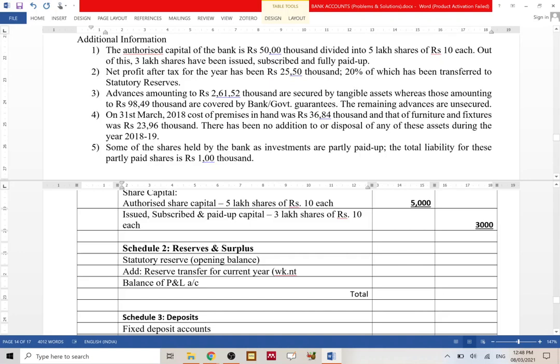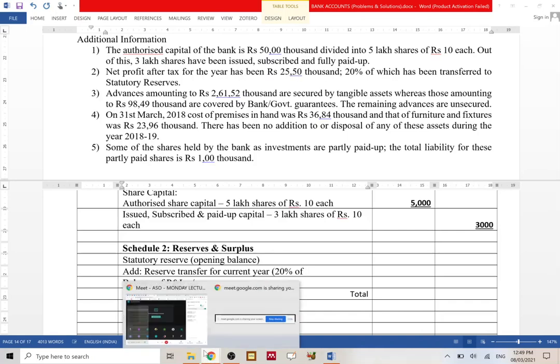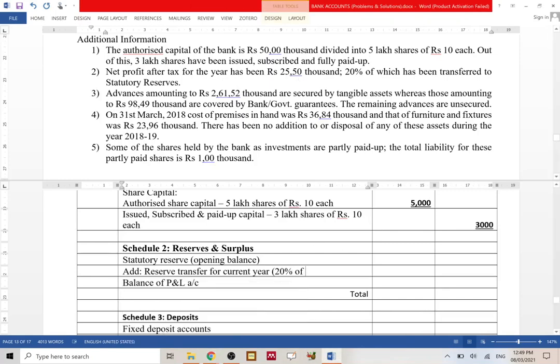So this current year's statutory reserve which has been transferred is 20%, and 20% of what? The current year's profit. Net profit after tax for the year was 2550, and accordingly 20% of that has been transferred.